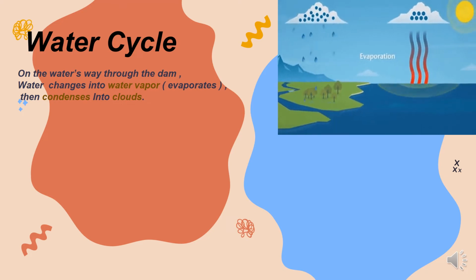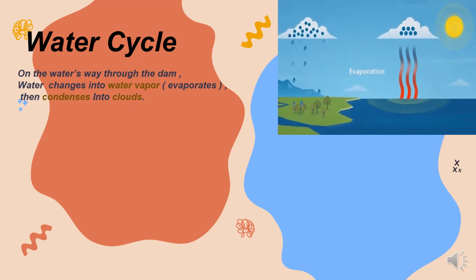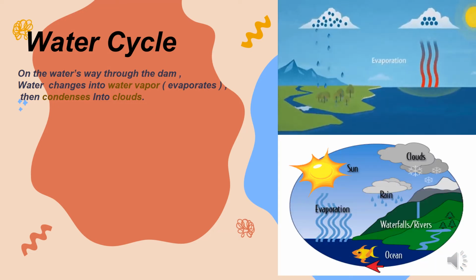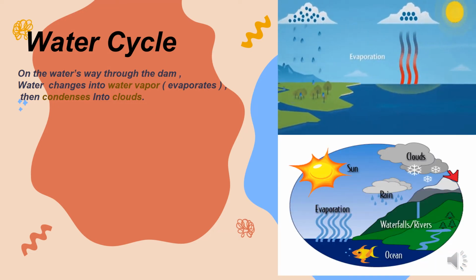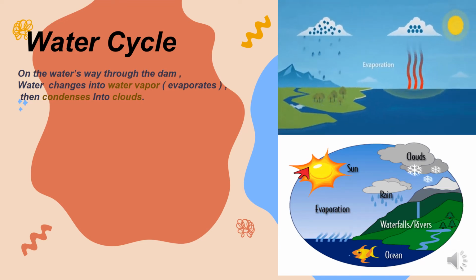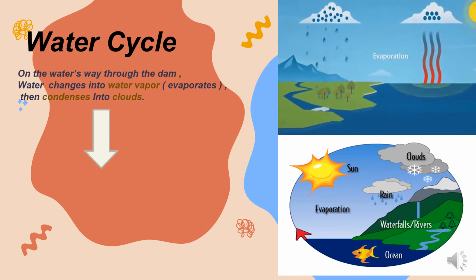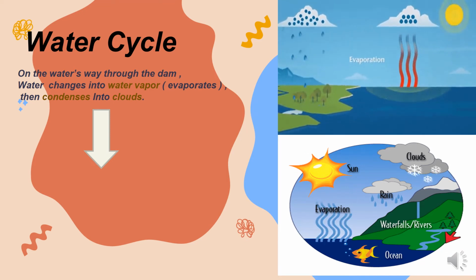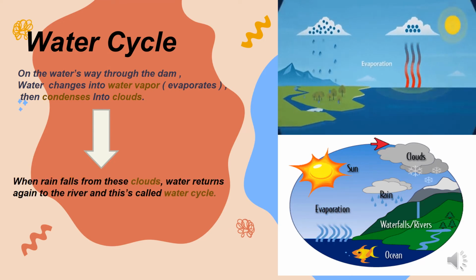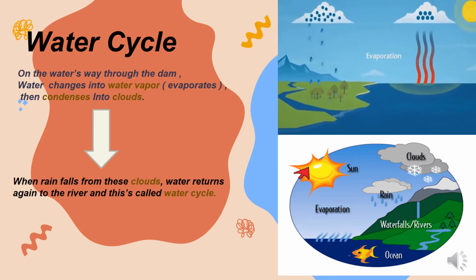And then this water vapor, which is in the gaseous state, condenses, which means it will change into liquid state and form clouds. Excellent, grade 4. And after that, rain falls from these clouds. After raining, the water turns again to the river. And this is what we call the water cycle.